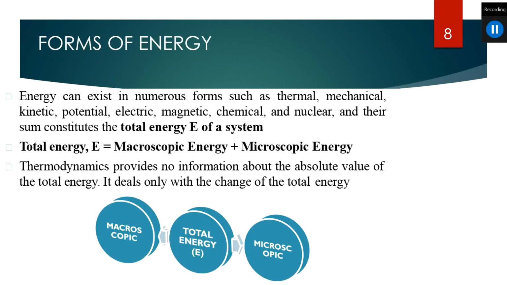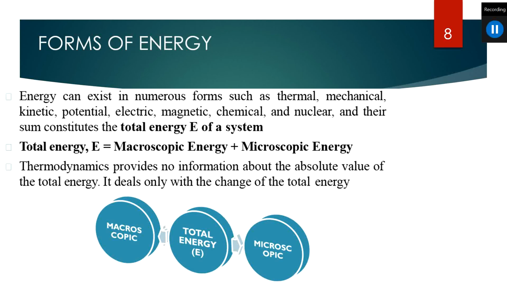Next one, forms of energy. I already said that there are so many ways we can create energy. Energy can exist in numerous forms such as thermal energy, mechanical energy, kinetic energy, electrical energy, magnetic energy, chemical energy, and nuclear energy, and these constitute the total energy E of the system.